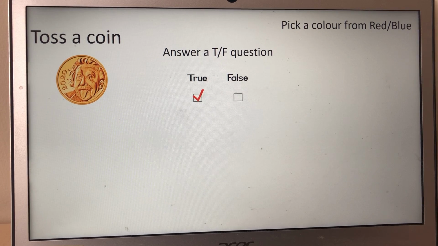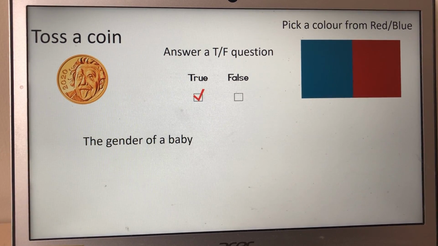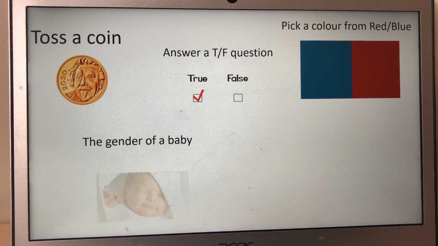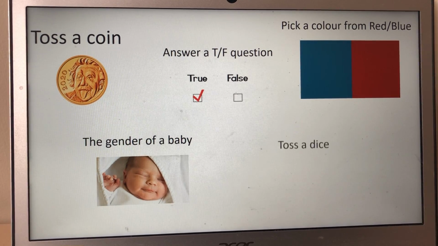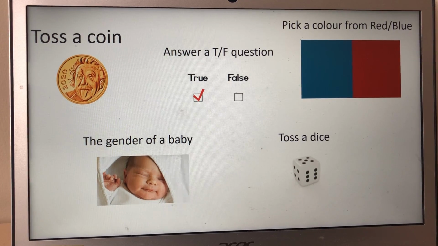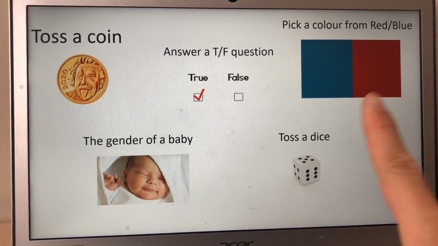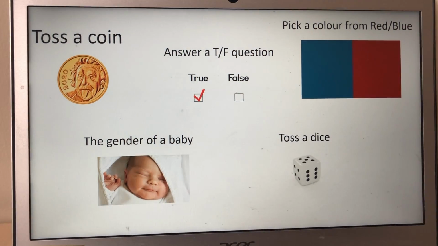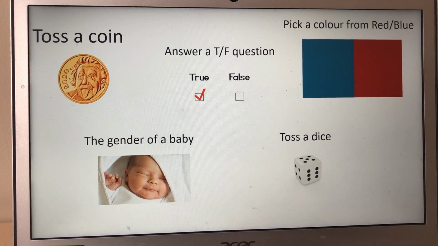Pick one color in between these 2 colors. And then the gender of a baby. And then toss a dice. So one of them is different from the other. Can you tell me which one is different? Baby?